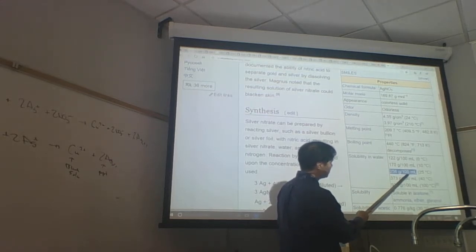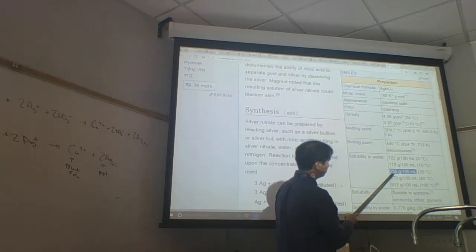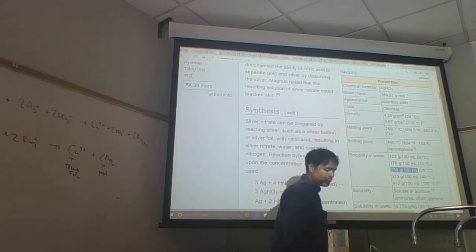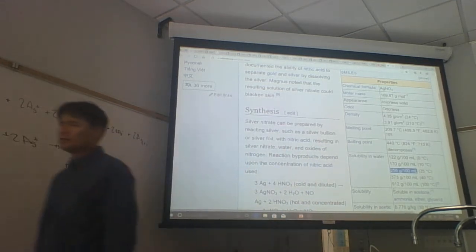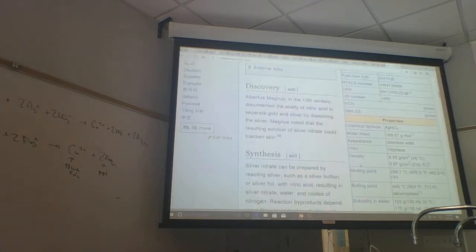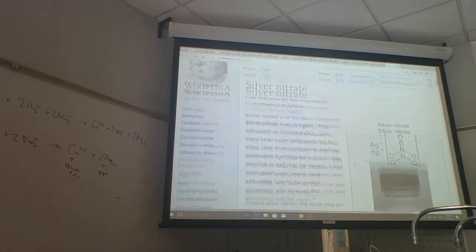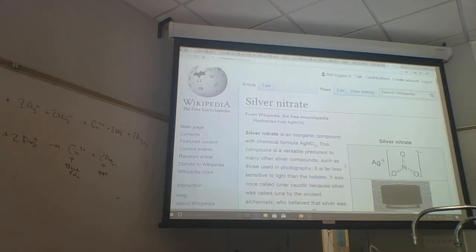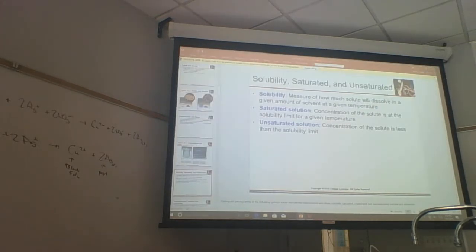So 2,560 grams in a liter is a lot of silver nitrate, really. But on a mole basis, no, it's not so much because silver ions weigh so much. But anyway, those are just little points. If we want to know exactly how much dissolves, then we consult the solubility in a table, or a handbook, or Wikipedia. Consult it. And so, qualitative and quantitative definitions.